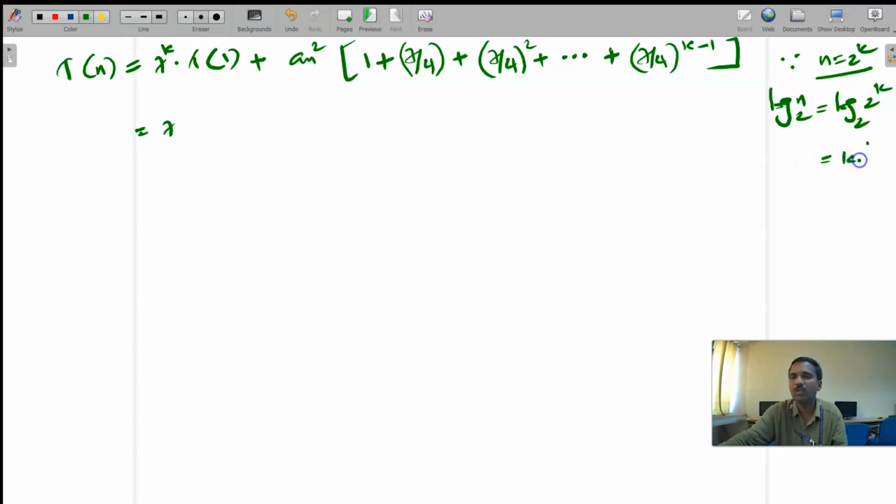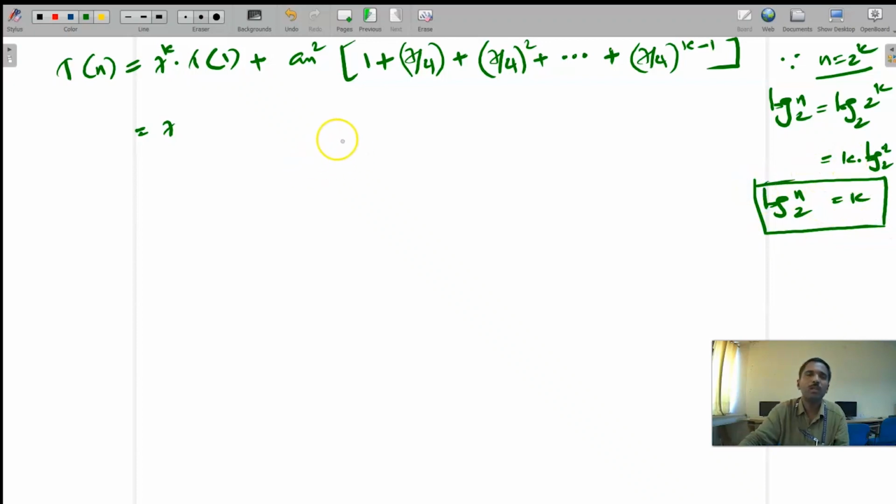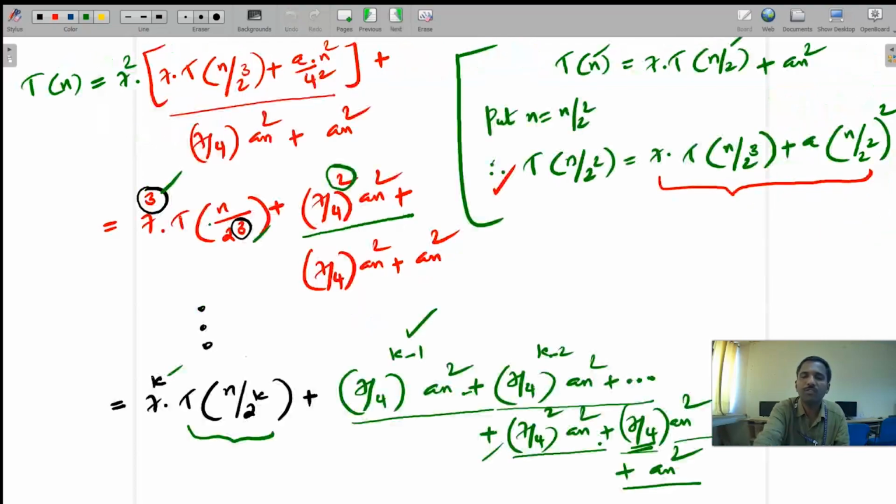This is equal to k into log 2 base 2, that is k. So clearly the value of k is log n base 2. So replacing k here as log n base 2, 7 power log n base 2 into T of 1. T of 1 is C.